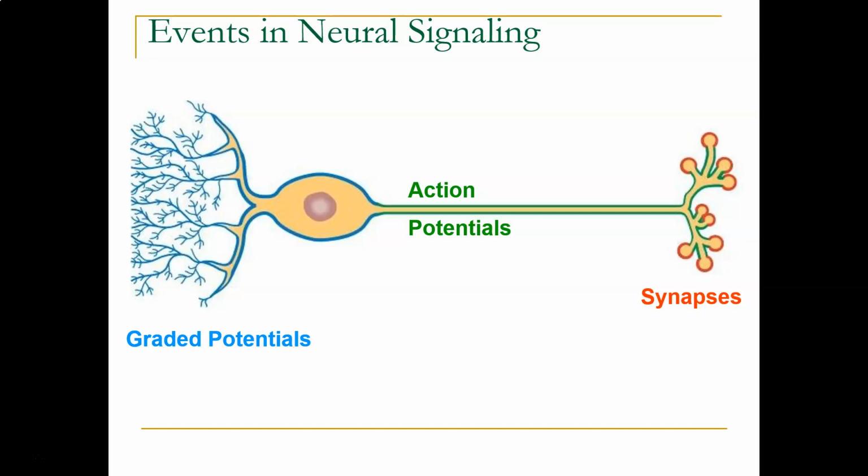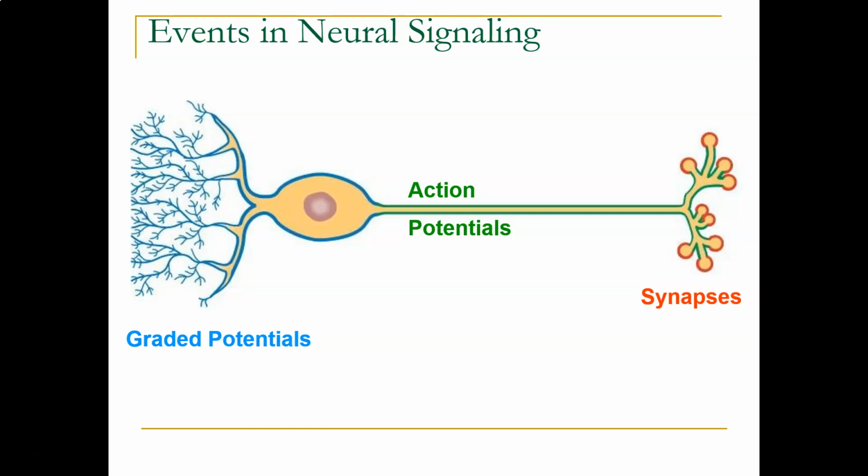And then those travel down the axon to the very end, where this neuron will synapse with some other cell, like a muscle cell, like we saw with the neuromuscular junction. Or it could be a gland to cause it to secrete. Or it could be another neuron, because this is how 99.9% of your neurons talk to each other, as they send action potentials to the next cell over, another neuron.